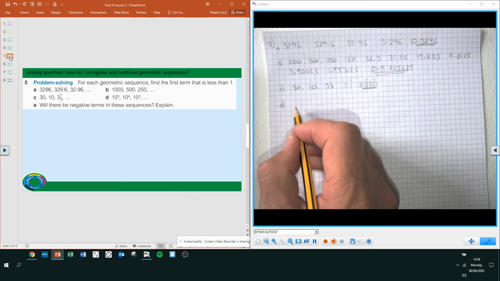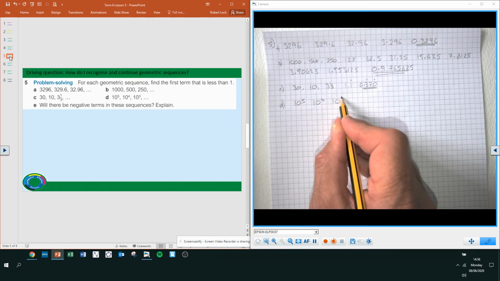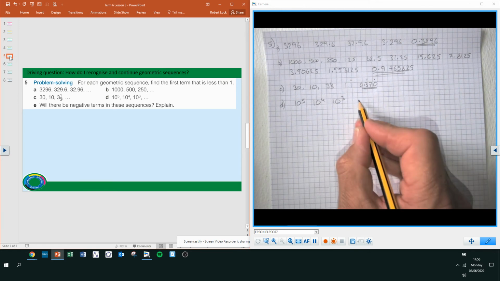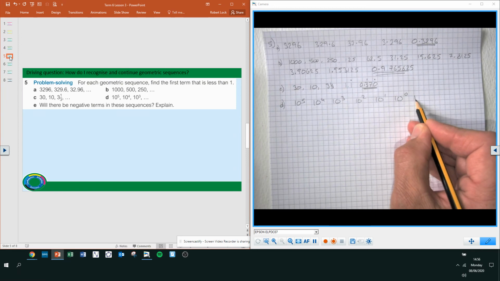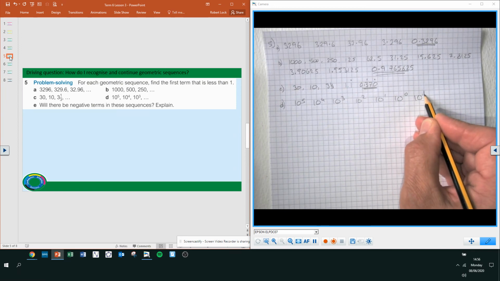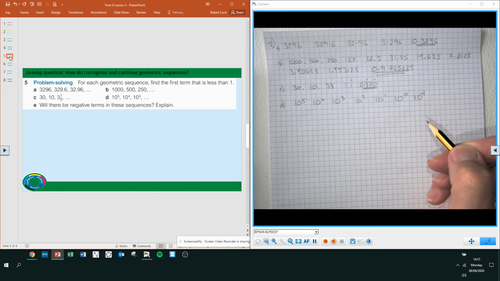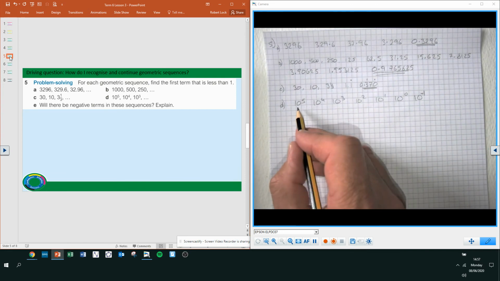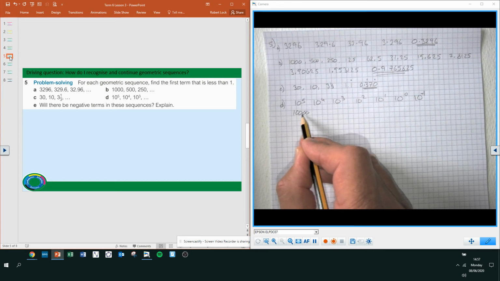D. 10 to the power 5, 10 to the power 4, 10 to the power 3, 10 to the power 2, 10 to the power 1, 10 to the power 0, 10 to the power minus 1. So this one here will be 5 noughts.